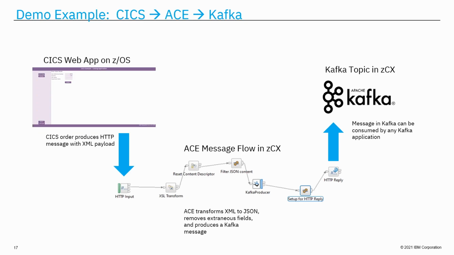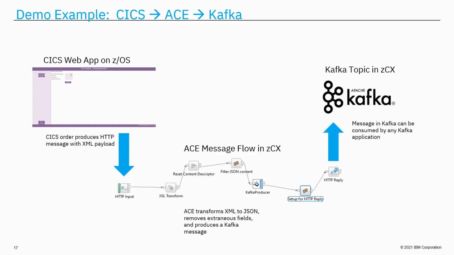And so using ACE message flows, I'm able to create this simple message flow which takes input from CICS through this high-speed network call from CICS down to ACE, and then ACE, running on zCX, is eventually going to be a Kafka producer and put a message on a Kafka topic, and that Kafka can also reside on zCX.